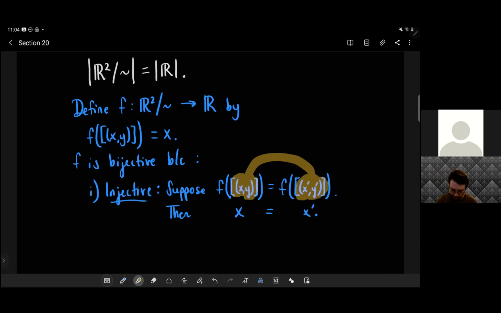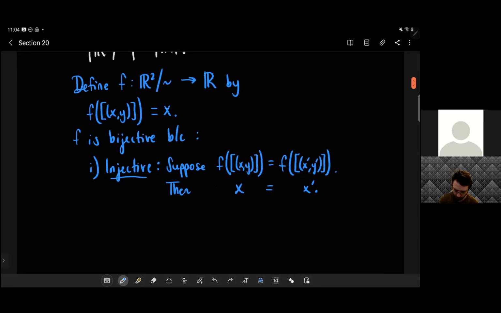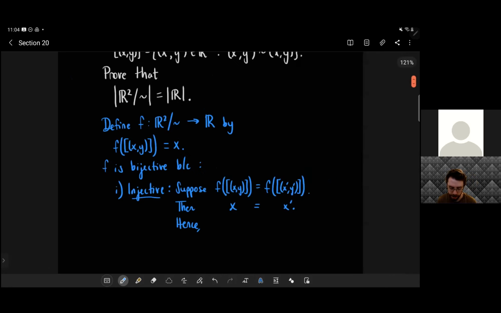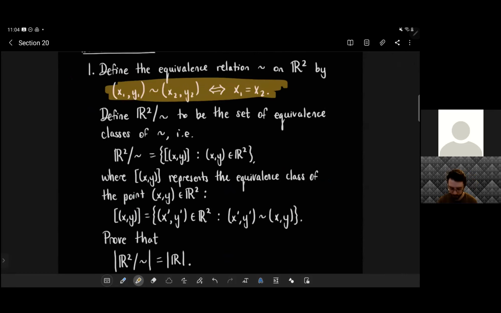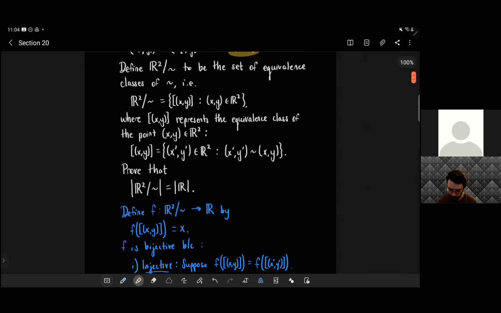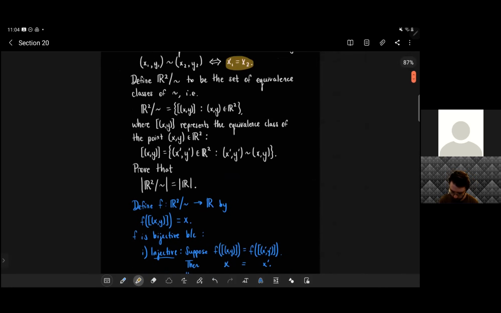And the way you can see that is by just recalling what the definition of the equivalence relation was. We said two points were equivalent if their x values were equal. We already know our x values are equal, that's what we just found down here. x equals x prime. And so, going backwards, that means the ordered pairs were equivalent.